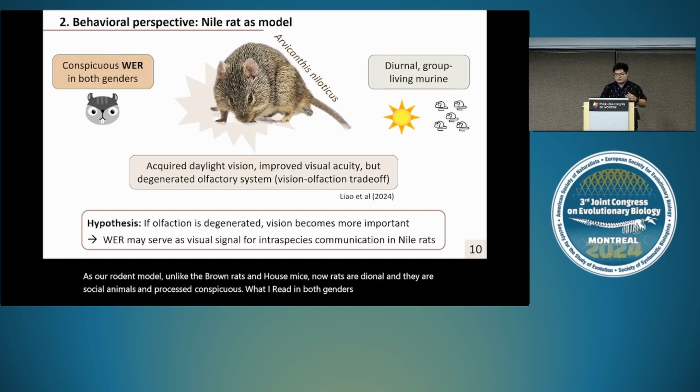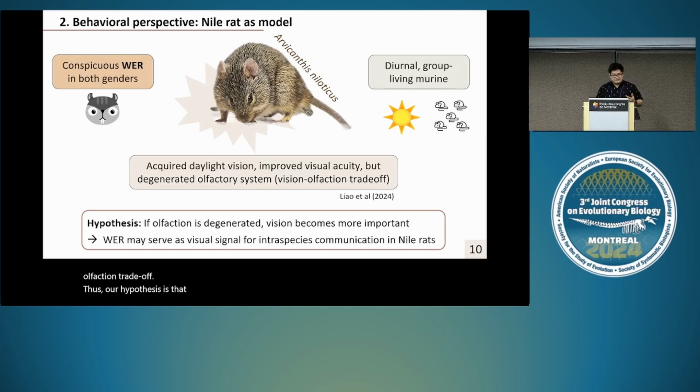Furthermore, my research group previously demonstrated that Nile rats acquired daylight vision and improved visual acuity, but with degeneration of the olfactory system, the so-called vision and olfaction trade-off. Thus, our hypothesis is that if the olfactory system is degenerated, vision becomes more prevalent and more important.